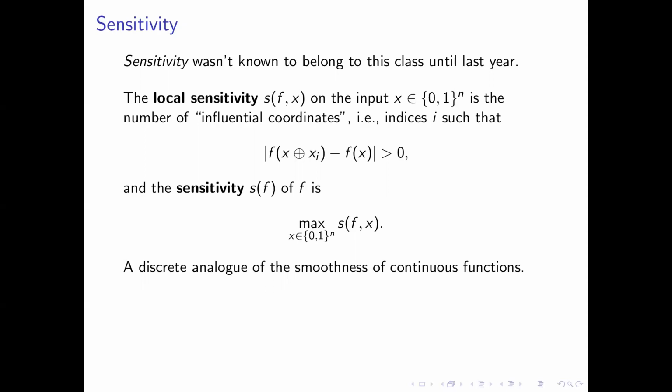So these are indices i where, if I flip the ith bit and look at the difference between the function on x and the function on x with the ith bit flipped, the function value changes from a 0 to a 1 or vice versa. So we're counting the number of indices that are influential, and the sensitivity of f is the max over all inputs.